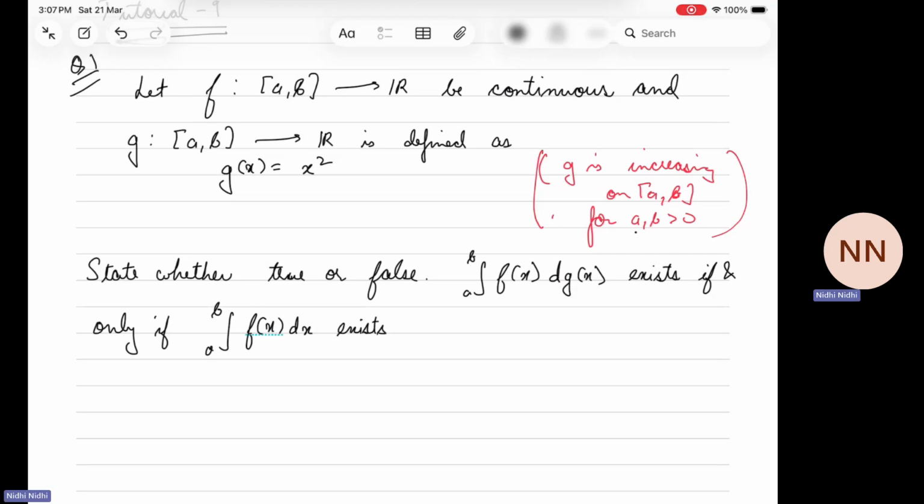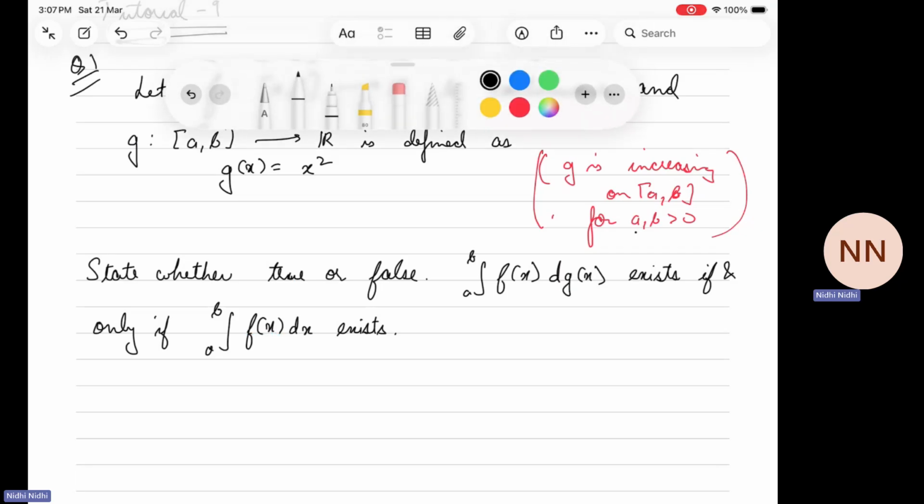That means we are looking at the equivalence of both types of integrals.